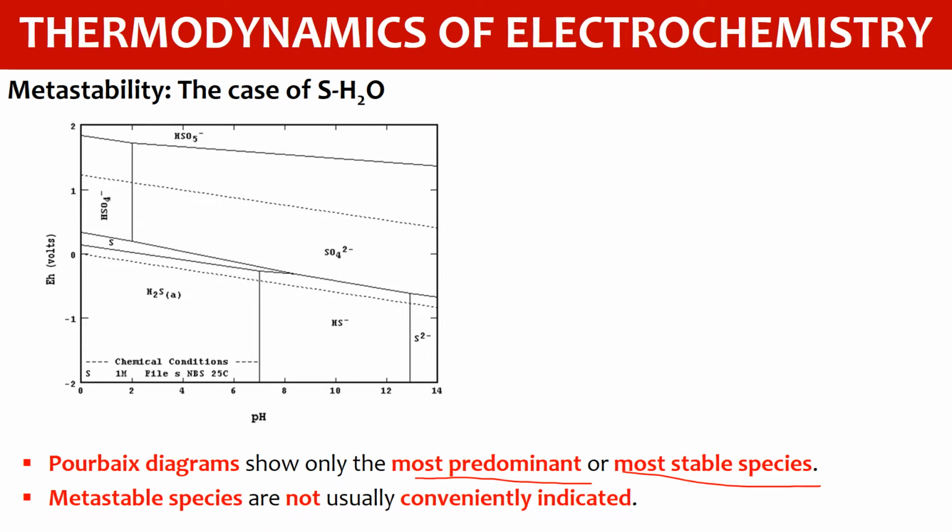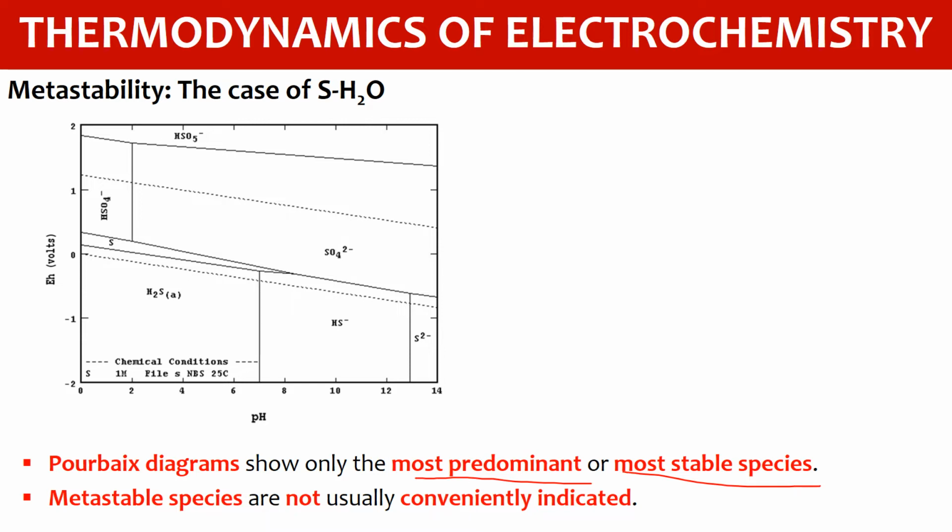It only means that it is the most dominant species. So there are other species that also exist in that area or in that phase. These are called metastable species, and they are usually conveniently not shown or indicated on your Eh-pH diagram.